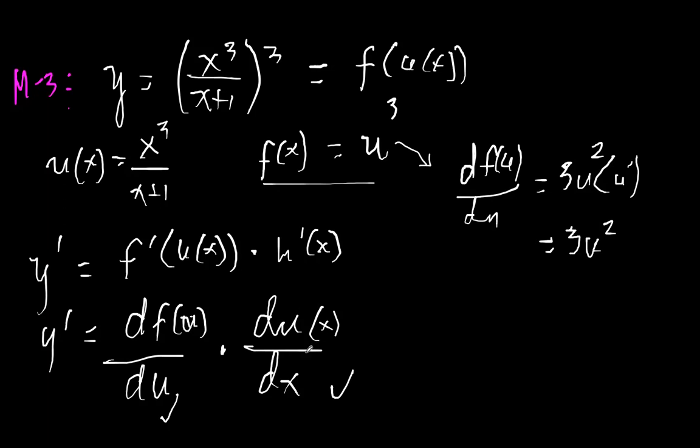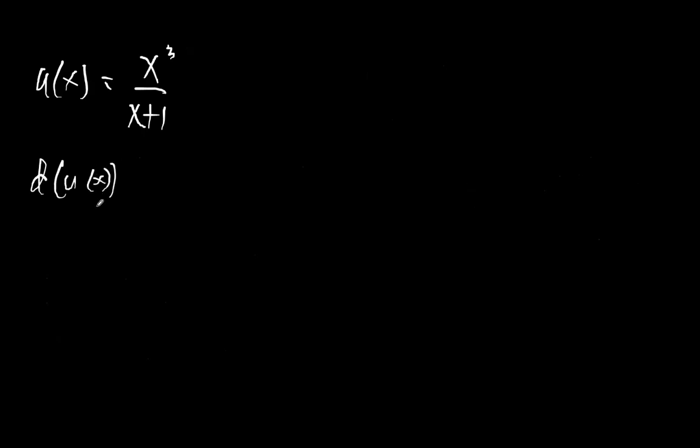Now let's find the derivative of u here. Let's make use of the next slide. So u of x is equal to x^3 over x + 1. So we have du of x over dx. Since this is a quotient of two polynomials, we can use the quotient rule in finding the derivative of u, right?